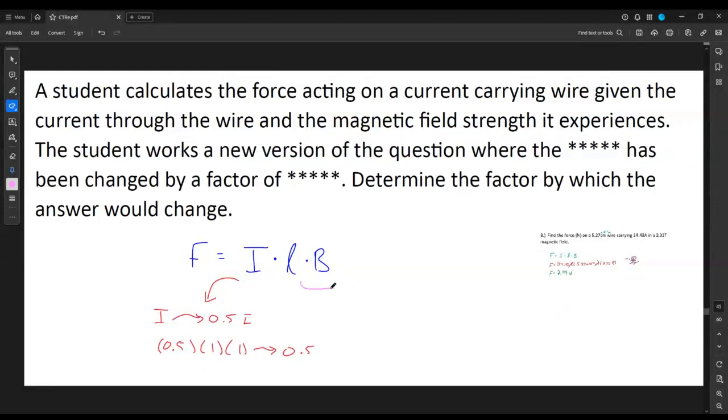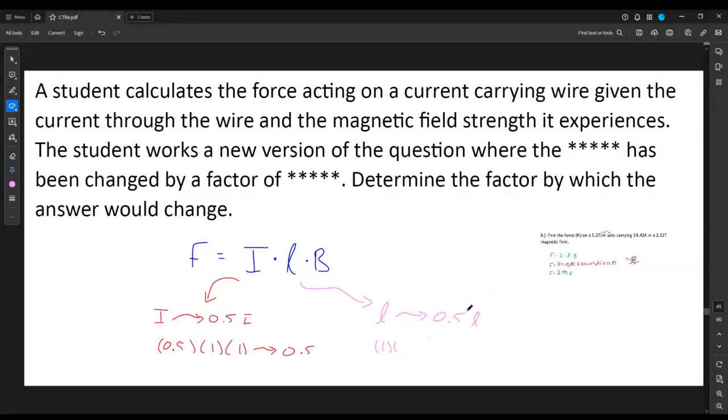Okay, then let's say that I change the length of the wire. So whatever length of the wire we used to have, we took some question, maybe even this one, and we took just that one number and multiplied it by something. So your new potential test question is going to have something probably not as nice as 0.5, but that's okay. The basic process is the same. The current is not going to change by any factor.